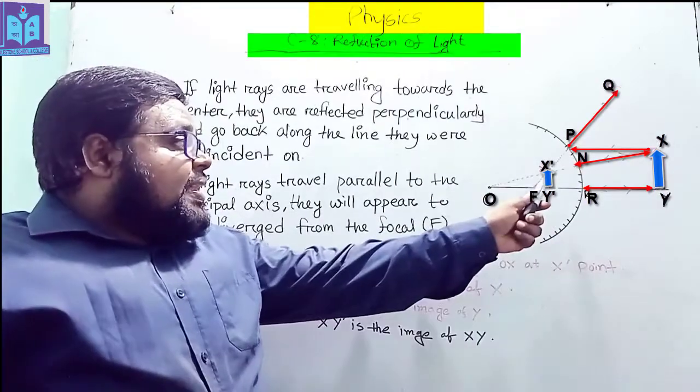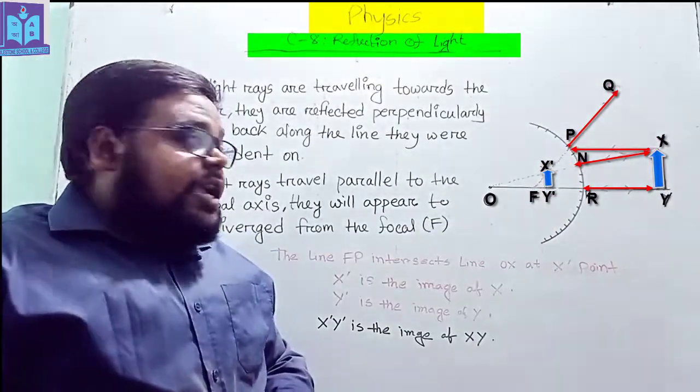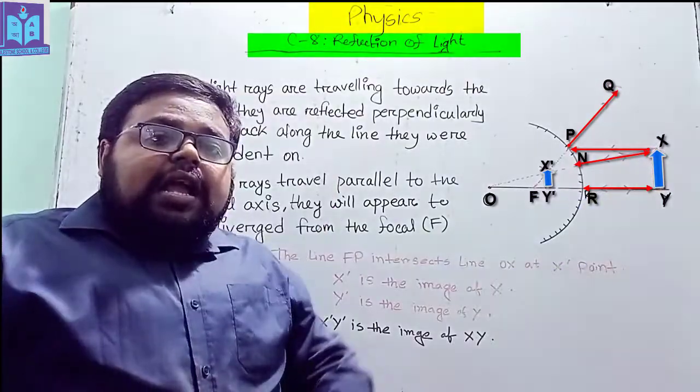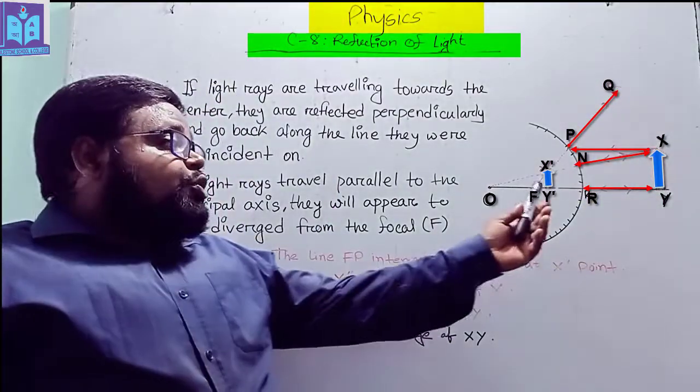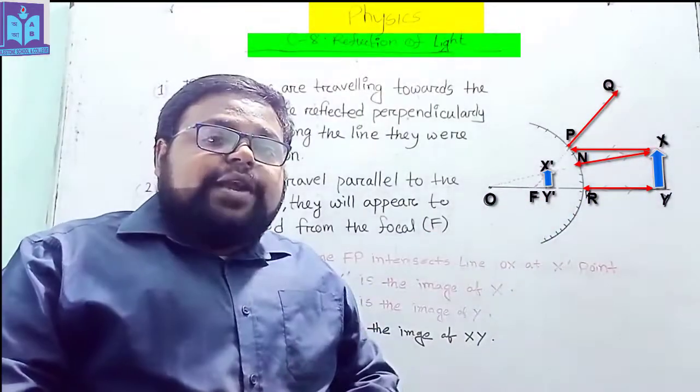Now this X prime Y prime is the image of this XY. I hope you understand how to draw an image in a convex mirror.